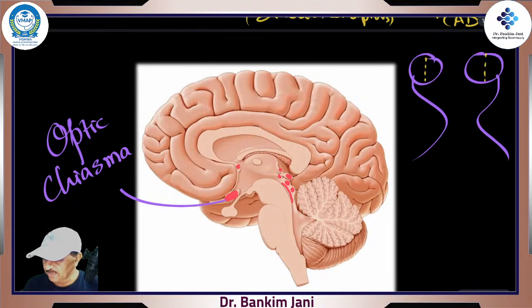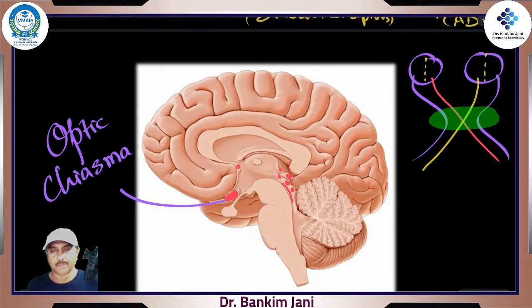However, that's not the case when it comes to the medial part, right? The medial part would be crossing to the opposite side. It is this area that is called the optic chiasma. So that is the optic chiasma.